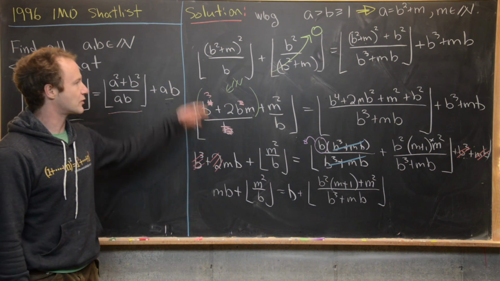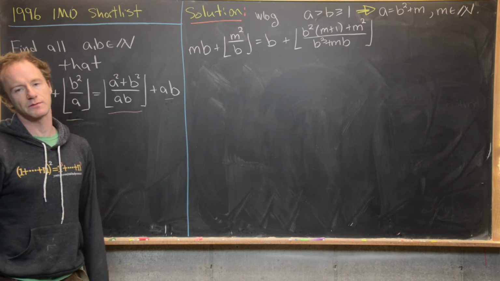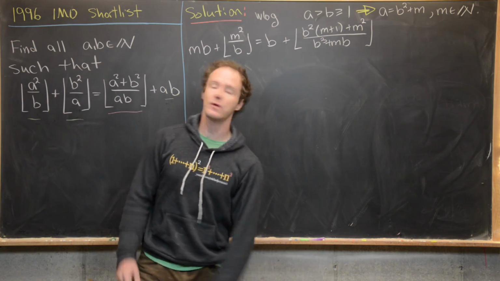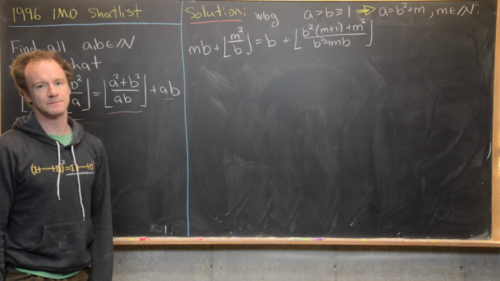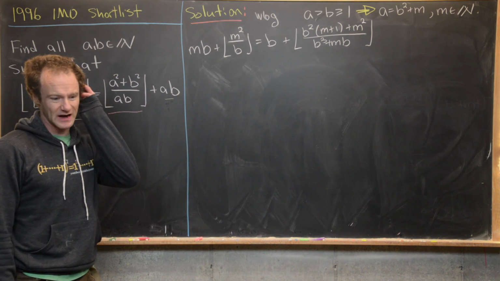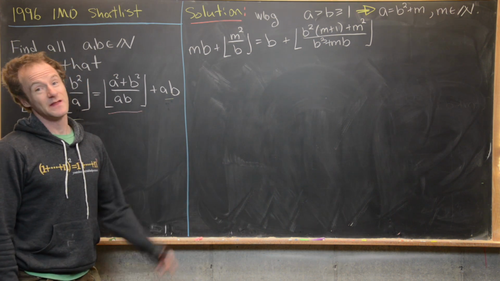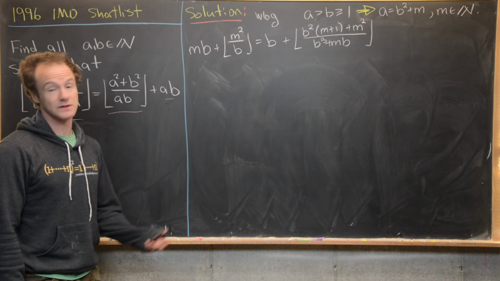Okay, so that reduces our equation to this thing right here. Maybe I'll go ahead and bring that to the top and we'll keep going. Under our setup where a was equal to b squared plus 1, we've reduced our goal equation to the following equation. Now it's time to start to look for some low-hanging fruit. In other words, maybe some nice values of m that would make this have a solution.